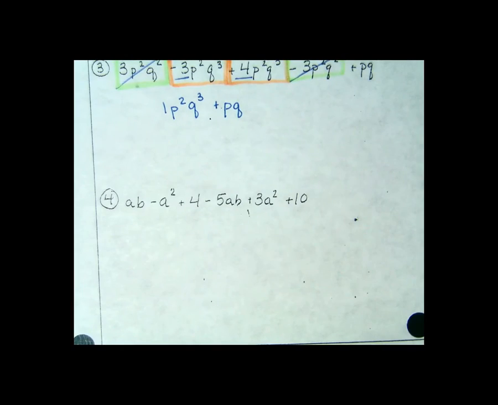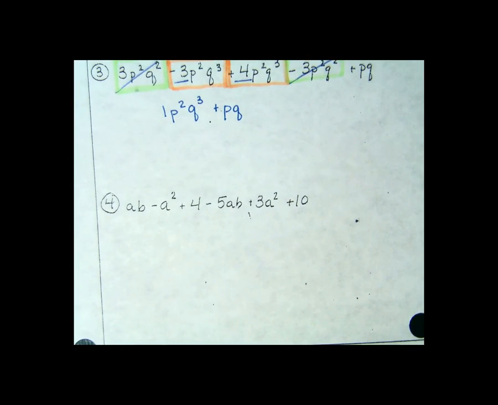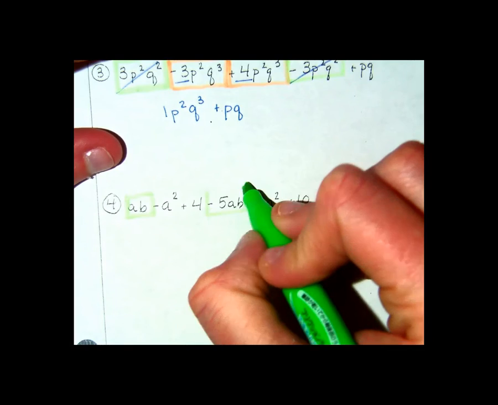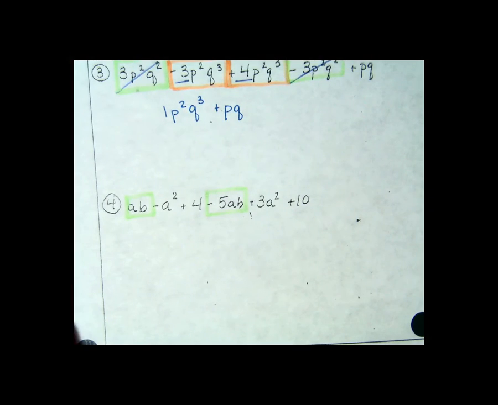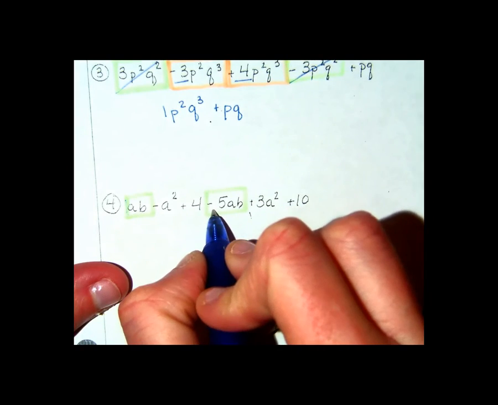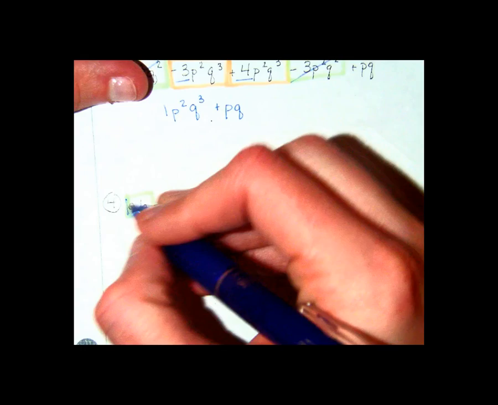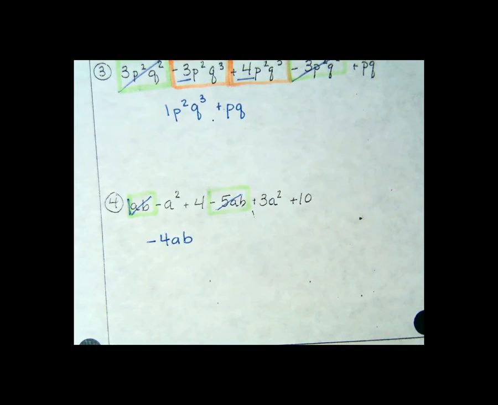Alright, number 4. What do you put together? Okay, you've got the ABs. AB, negative 5AB. Is that 6AB? Negative 4. Why? 1 minus 5, negative 4AB. So if you put plus, you need to change it. It's now minus 4AB, negative 4AB. Okay, I'm going to cross those out, negative 4AB.